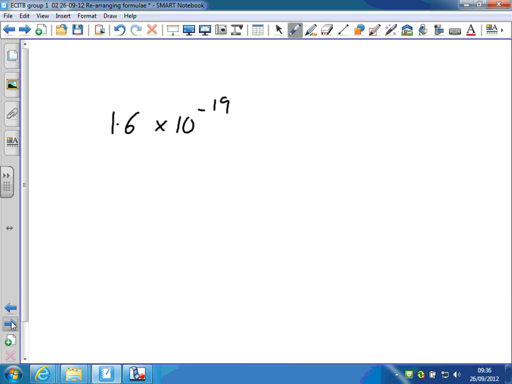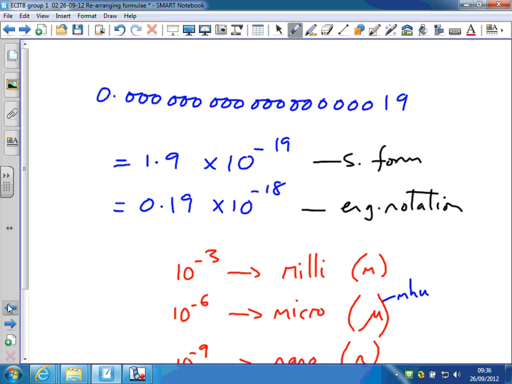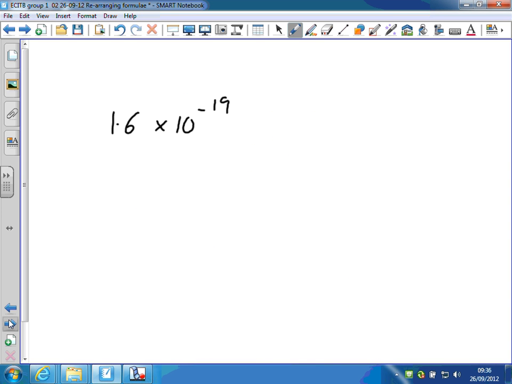I think I might have made a mistake actually. Now I write it down, I think the charge of one electron is 1.6 times 10 to the minus 19, but I was only a tiny amount out, roughly that. That's the charge on one electron.